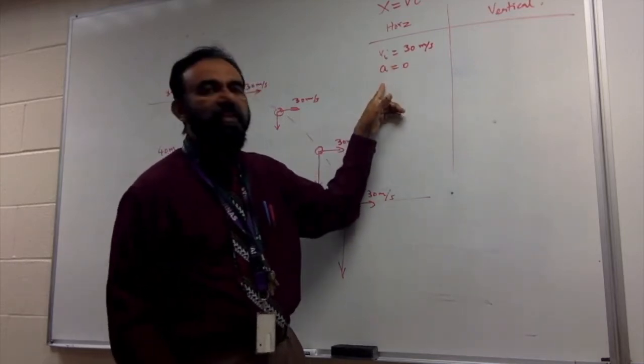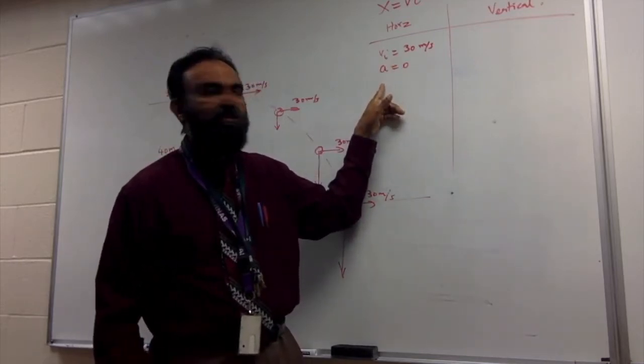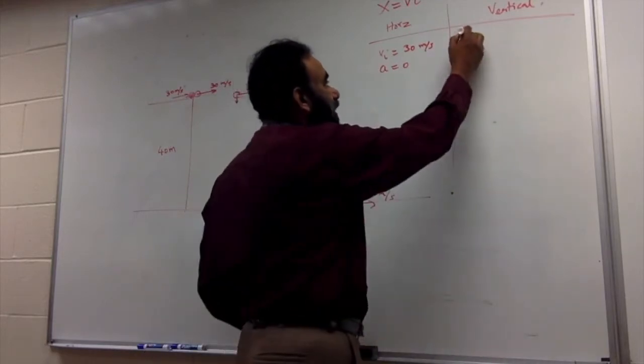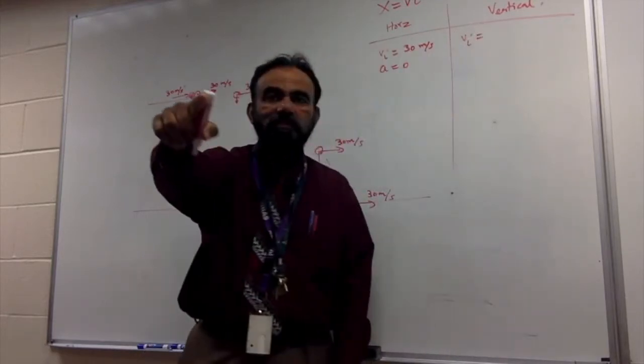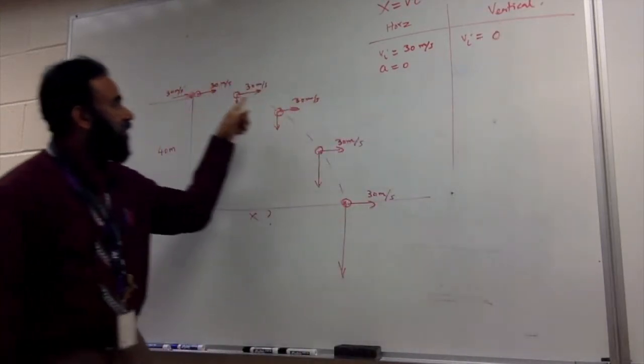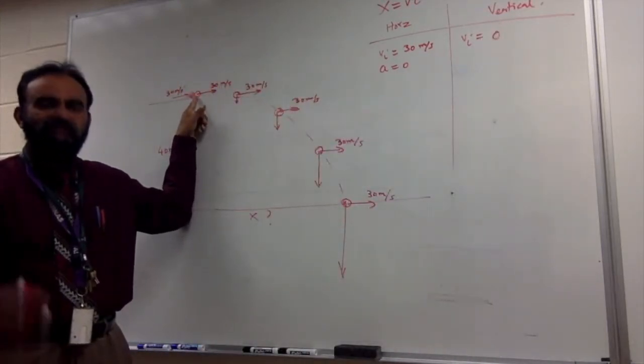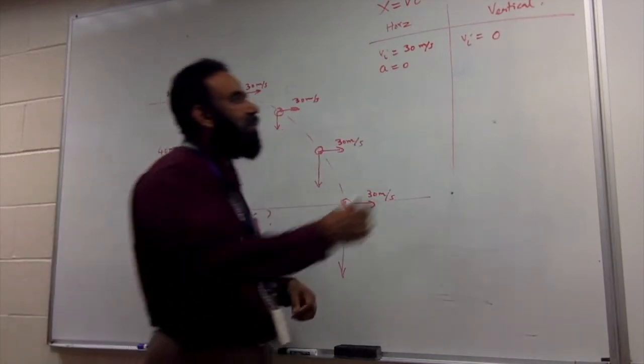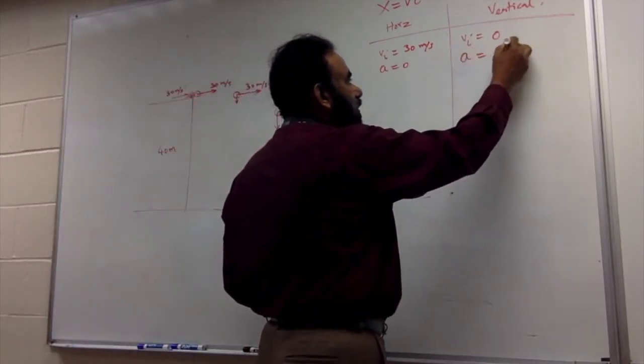Alright, so we don't know anything else here. Nothing else. So let's fill up this one now. What is the initial vertical velocity? 0. It's how much is moving at that moment vertically? Nothing. What do you know about the acceleration?